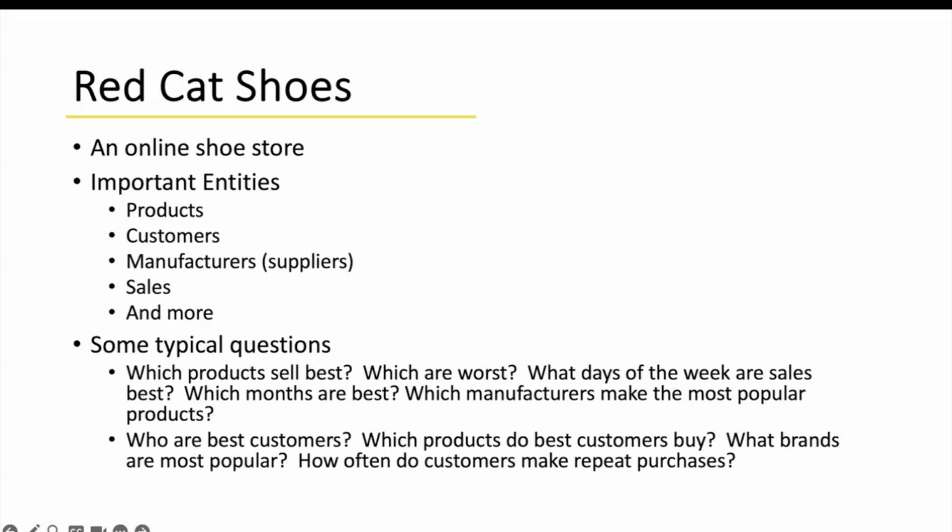The key entities or tables you will be working with in this chapter include the product table, which has information about the shoe products, the customer table, related to details about the store's loyal customers, the manufacturers and suppliers table, which gives you information about the suppliers, and the sales table, which has data regarding the sales transactions.